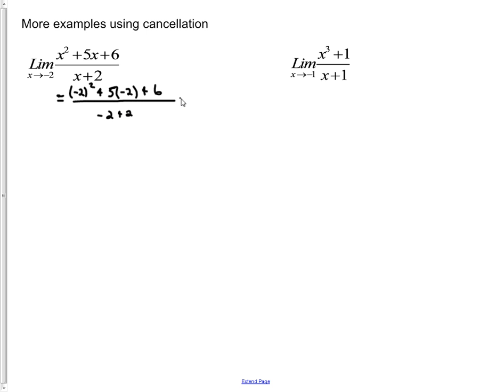And doing the work right here, we get 4 minus 10 plus 6, that's 0, divided by 0. Sure enough, we should do this by factoring and canceling if that's at all possible.